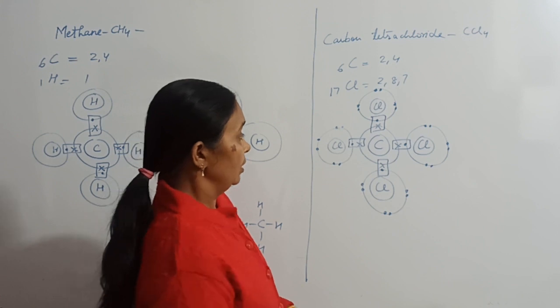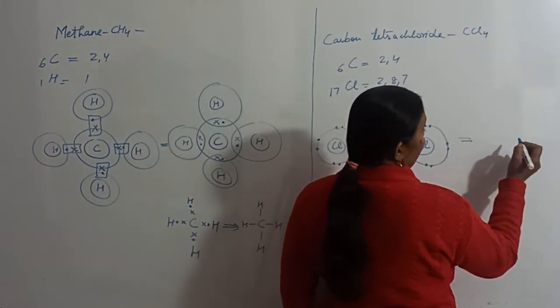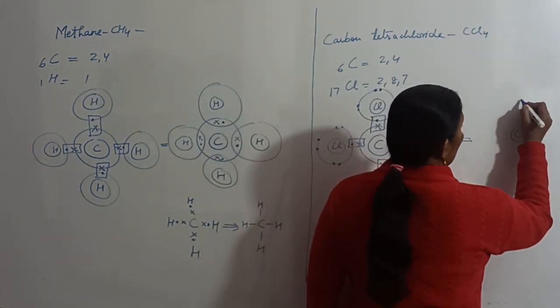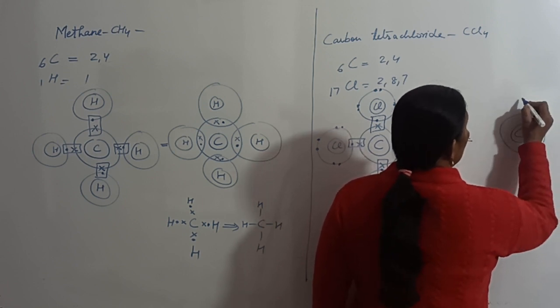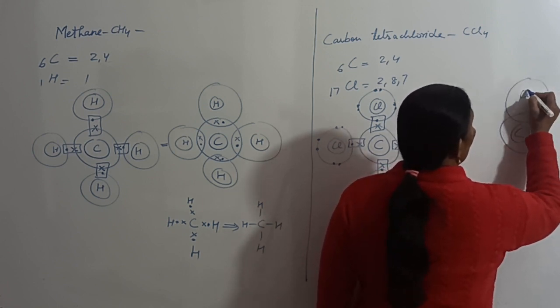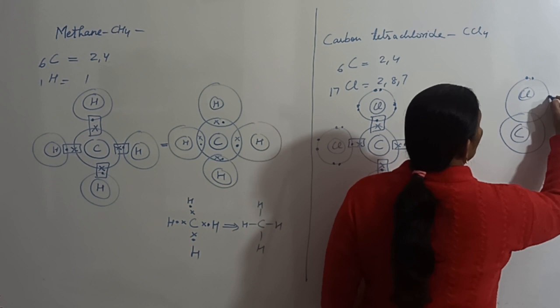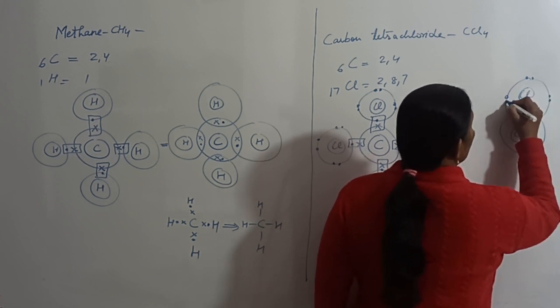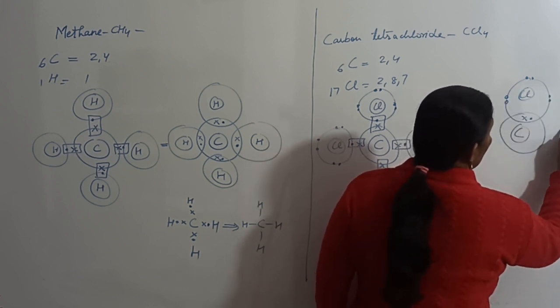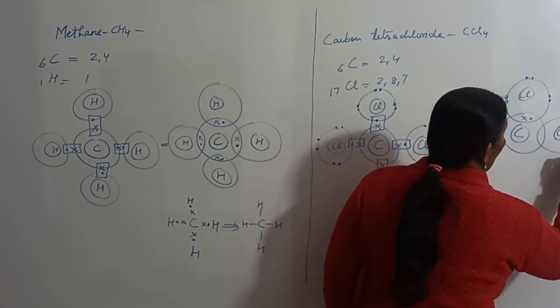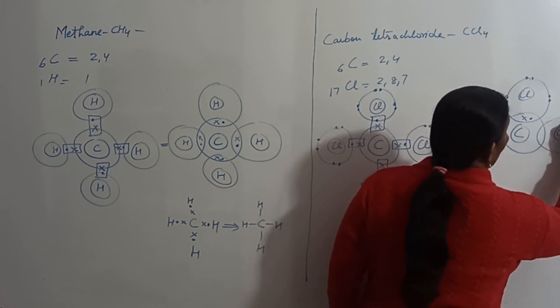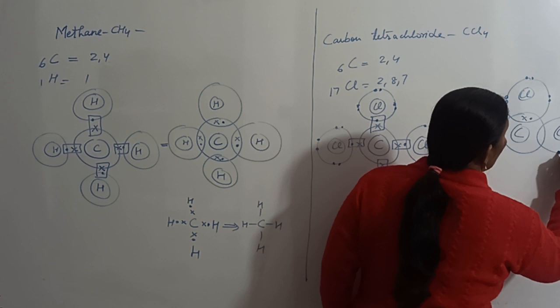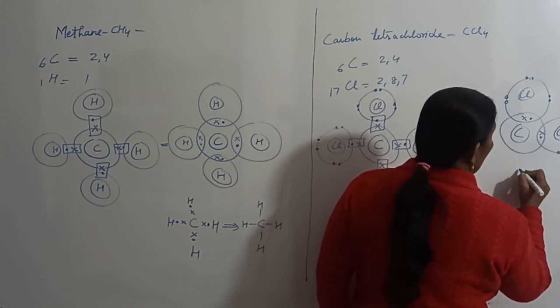Their octet is complete. So you can show it like this: carbon, outermost shell, chlorine, outermost shell, 6 electrons and 1 in sharing.